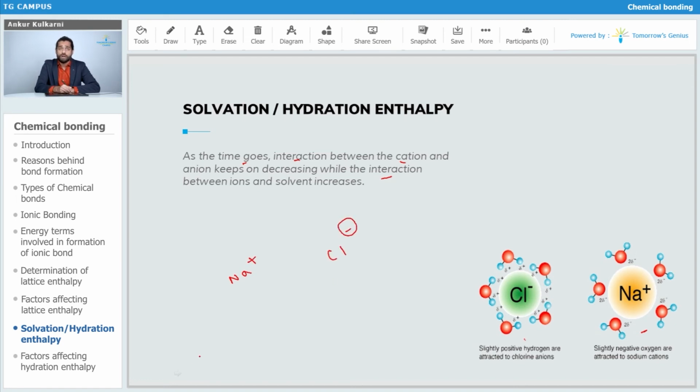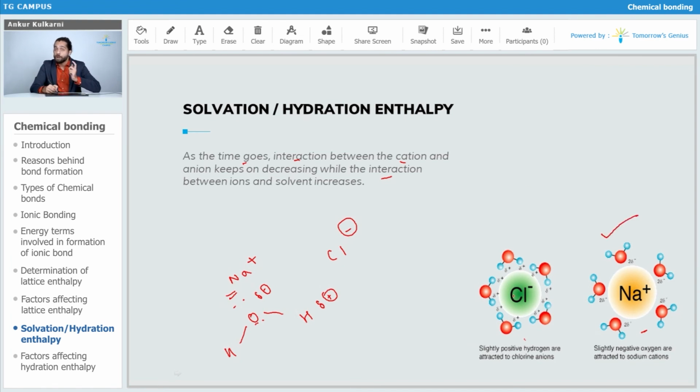The structure of H2O is something like this: O, H, H. I can draw lone pairs on oxygen. Your oxygen is slightly negative, and your hydrogen is slightly positive. So sodium is surrounded by water, and the oxygen will be attracted to the sodium, something like this.